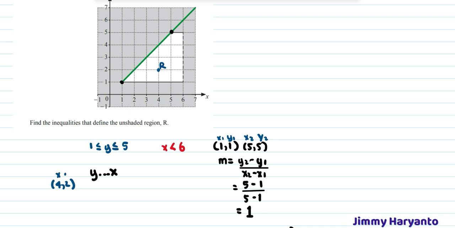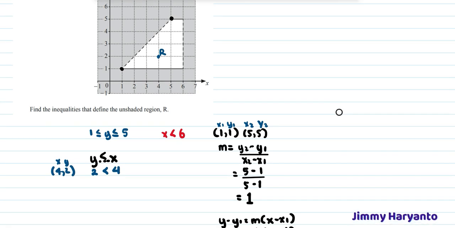This is the x, this is the y. So the y is 2 and the x equals 4, and we already know that 2 is less than 4. That means this one is also less than. Because it's a broken line, you don't have to put equal to into the inequalities. So our answer is this one.